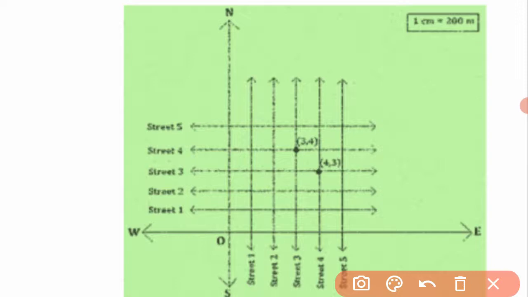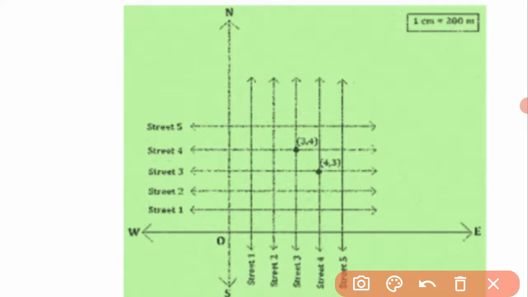The point where 4, 3 intersect is the 4th street from the x-axis and the 3rd street from the y-axis. So this is 4, 3, and the other one is 3, 4, that is the 3rd street from the x-axis and the 4th street from the y-axis.